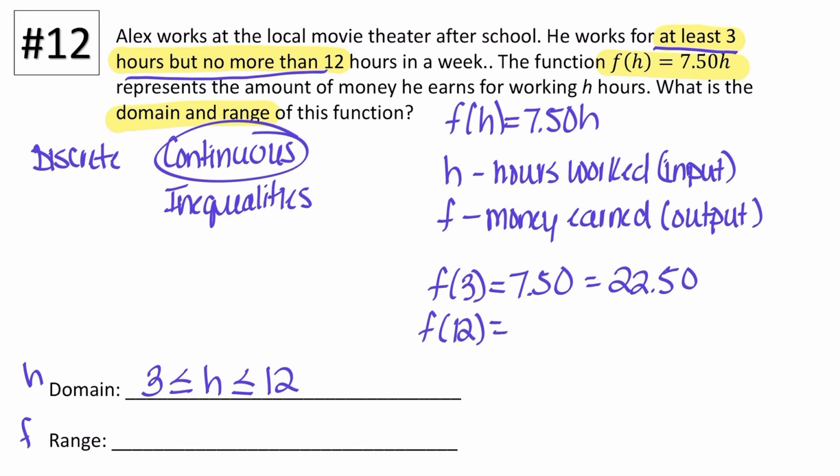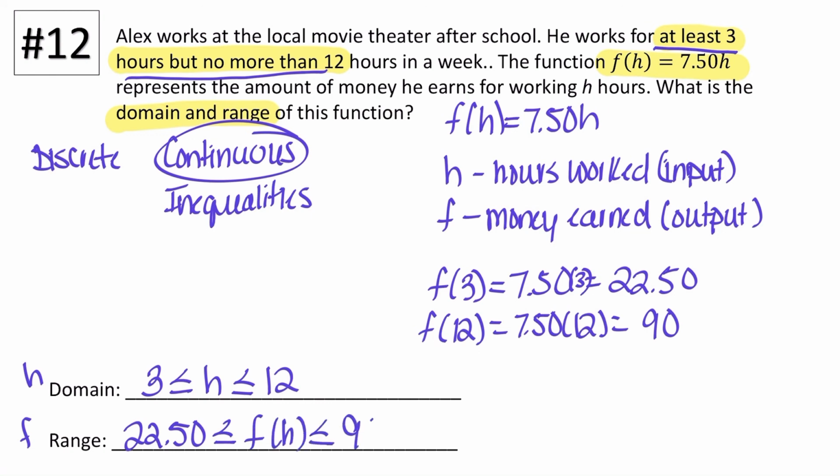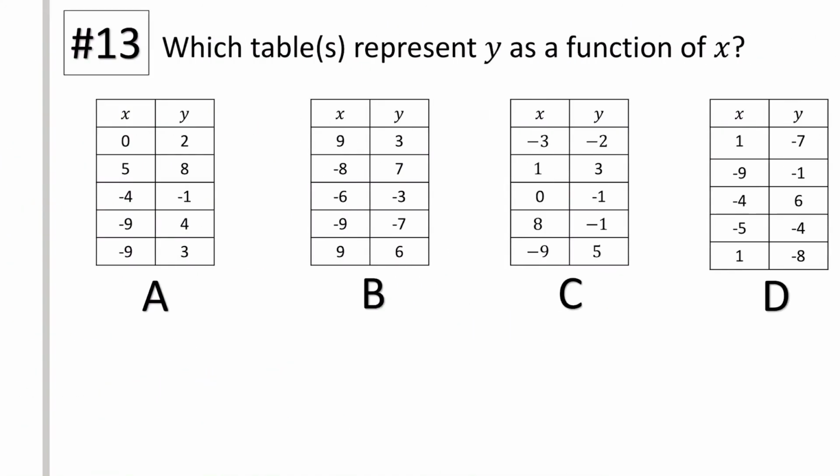So that's 7.5 times 12, which equals $90. So our range is going to go from $22.50, less than or equal to f, or you can write f of h, which is less than or equal to 90. So that is the domain and range of this function.